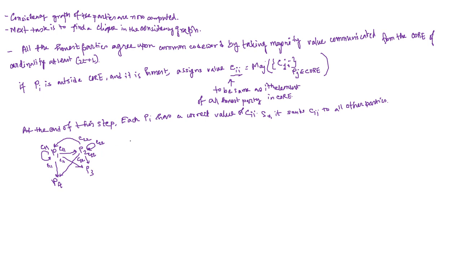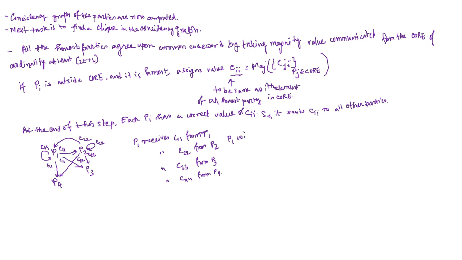Okay. In the view of p1, p1 receives c11 from p1, c22 from p2, c33 from p3, and c44 from p4.